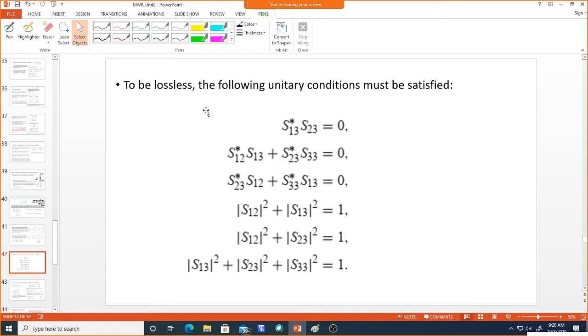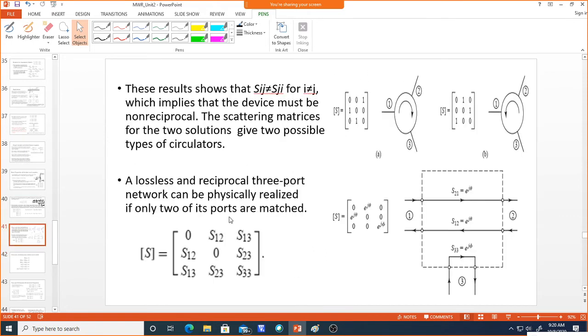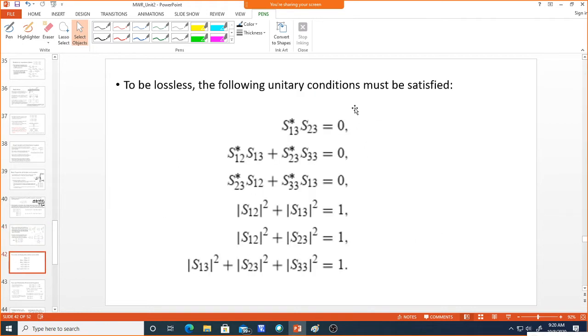so now to be lossless, the following unitary condition must be satisfied. As I said here, if the network should be lossless and reciprocal, if I want to get the lossless condition, these are the conditions that should be satisfied. That is S13 star equal to S23, which will be equal to 0, and all these equations should be satisfied.